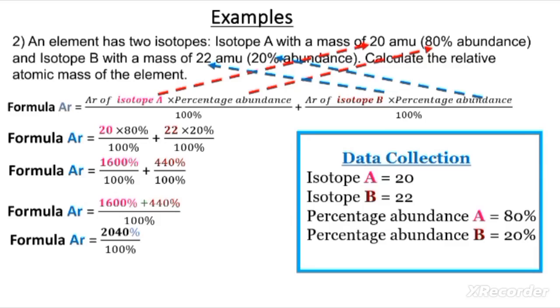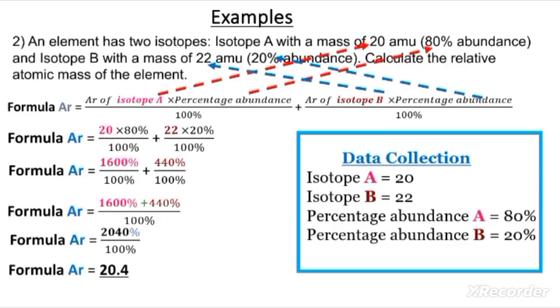So therefore, the relative atomic mass is equal to 2040 divided by 100 is equal to 20.4. So this is our answer. As we can see, we have successfully managed to find the relative atomic mass of the element. So we have answered this question.